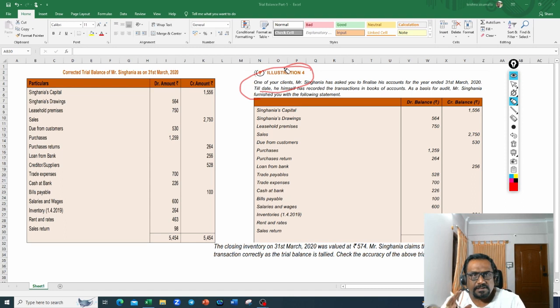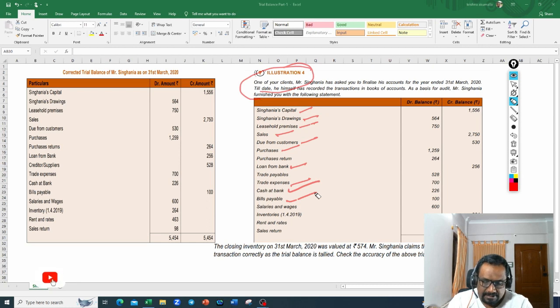Now, what they are asking us to do here is, they have given Singhania's capital, drawings, premises, sales, customers, purchases, purchase returns, loan from bank, payables, trade expenses, cash at bank, bills payable, salaries and wages, inventories, rent and rates, sales returns.